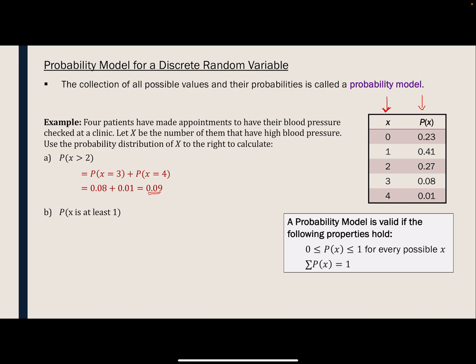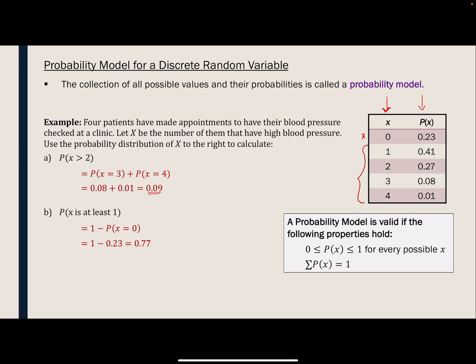Or we can use our complement, knowing that if at least one includes all 4 of these outcomes, then the complement of those 4 outcomes is this one. So we can take 1 minus the probability that none of the patients have high blood pressure, and therefore we can just take the 0.23 and subtract it from 1.